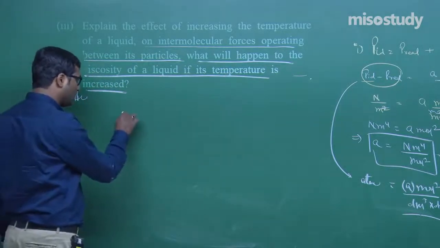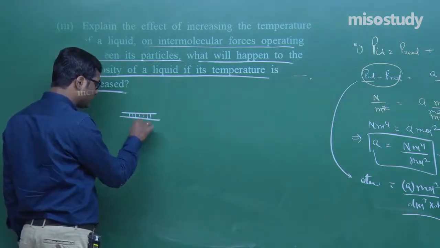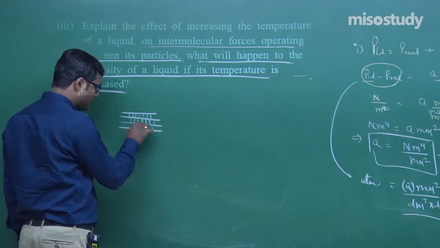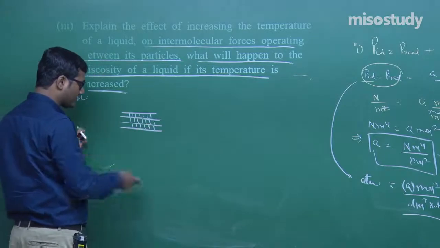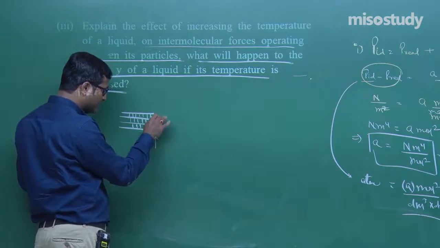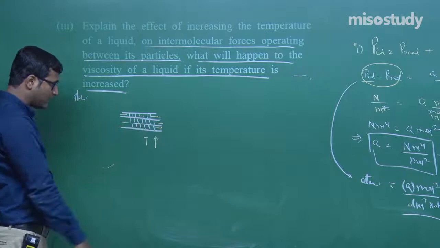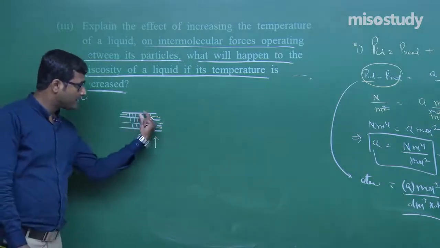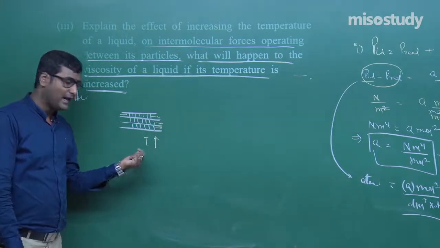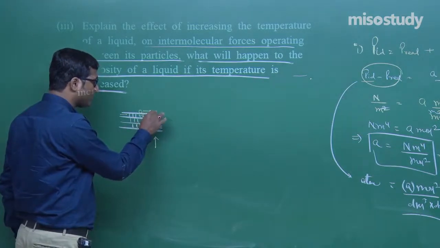Yes, as we know, what is viscosity? The internal resistance, or you can say internal friction between the particles. When temperature increases, what will happen? The internal resistance, that is the interaction between the layers, decreases, and the particles will easily move or slip over one another.